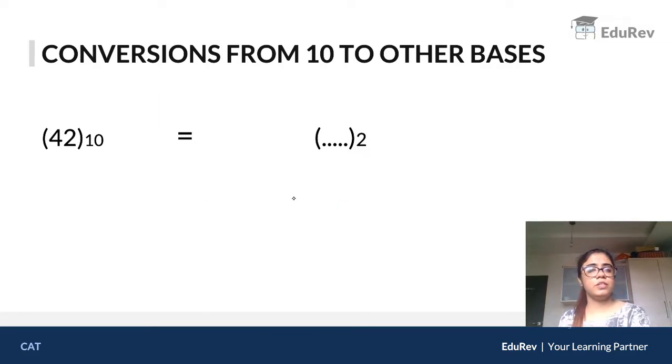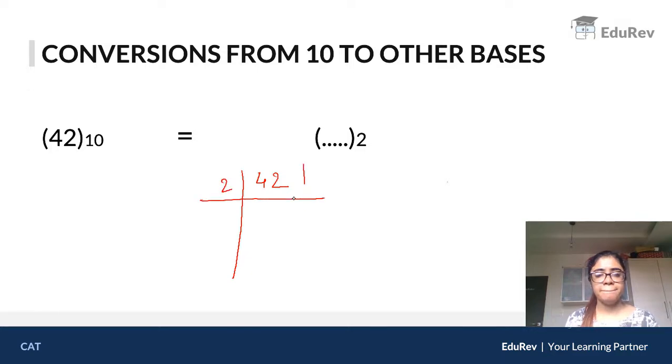Okay? Let's look at one more example because generally students get confused in the binary. Same process. The process is going to be the same. So 42 को हम divide करेंगे 2 से. So this will be what? 2 21s are 42. The remainder is 0. ठीक है? 2 10s is 20. Remainder is 1. 2 5s is 10. Remainder is 0.